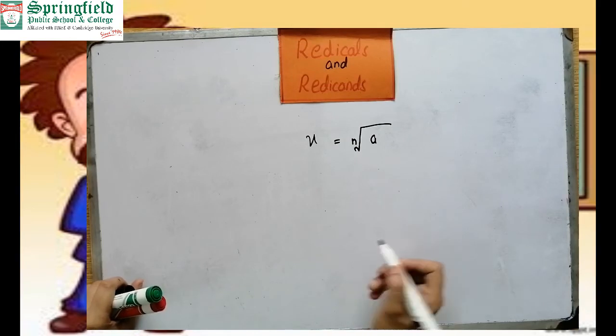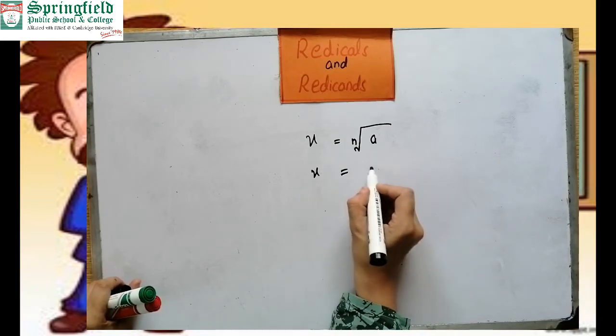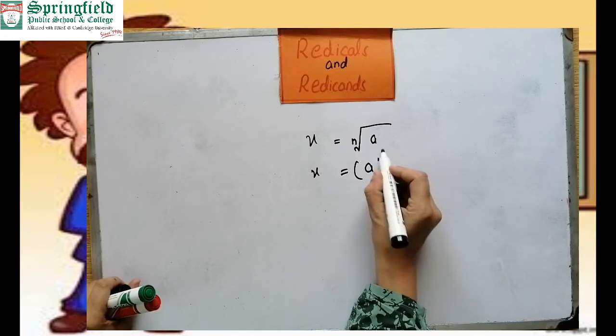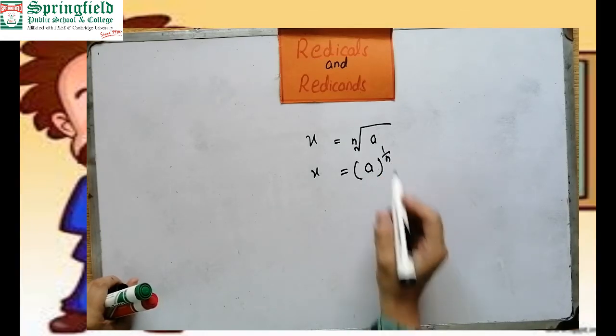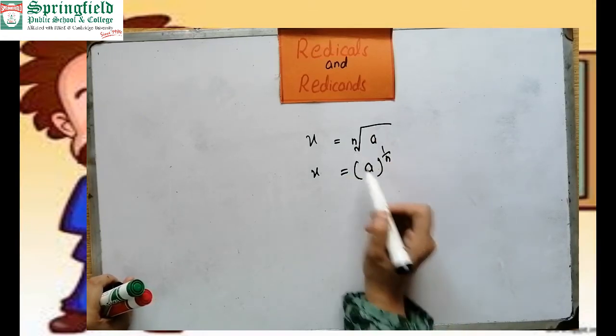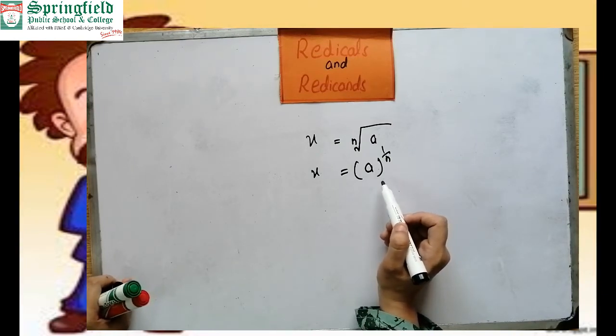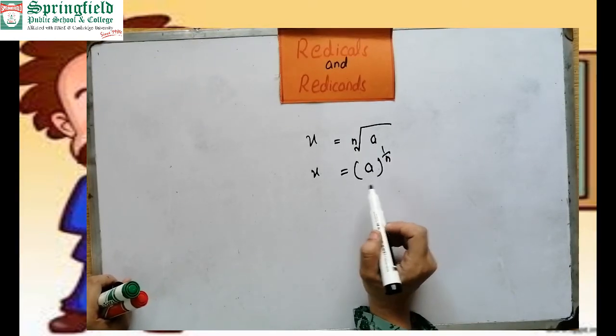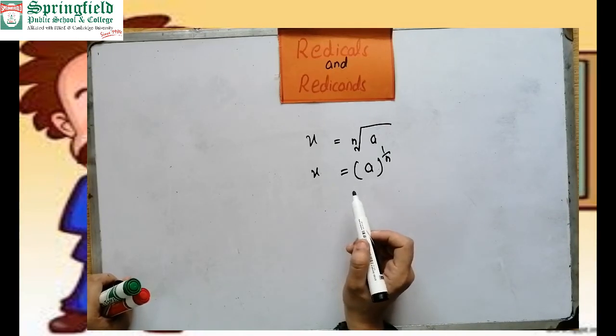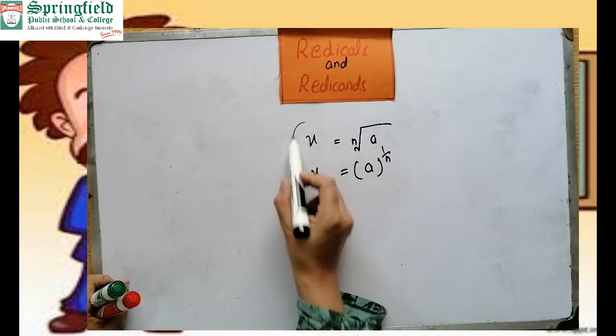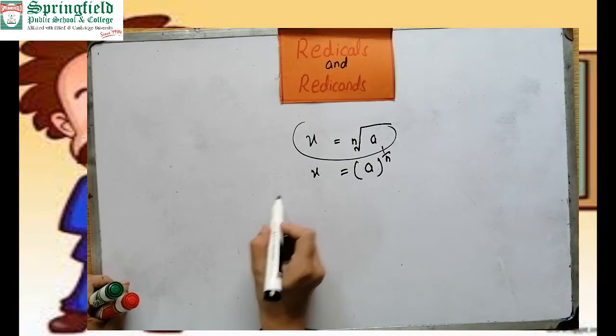In this form it can be written as a to the power 1 by n. So the nth root of a can be written as a to the 1 by n. This is the radical.